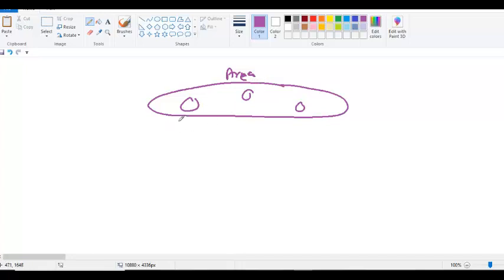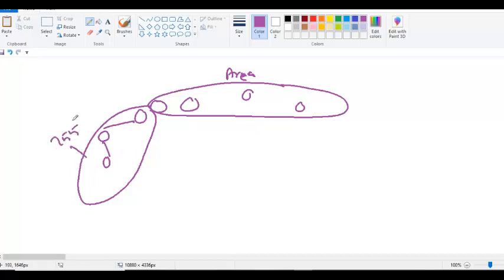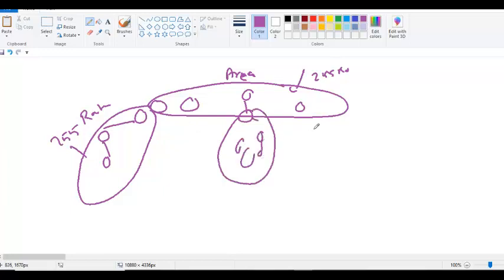Here another 255 routers maximum you can have, and another 255 routers. Right? So we break the big network into small areas for easy management, for scalability. That is why OSPF is very popular.